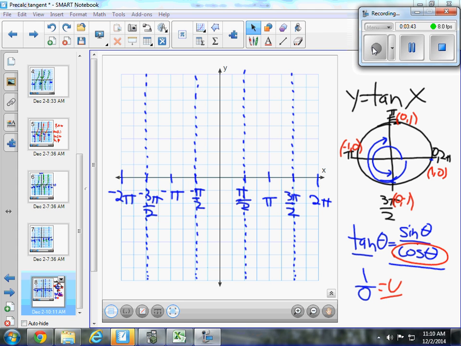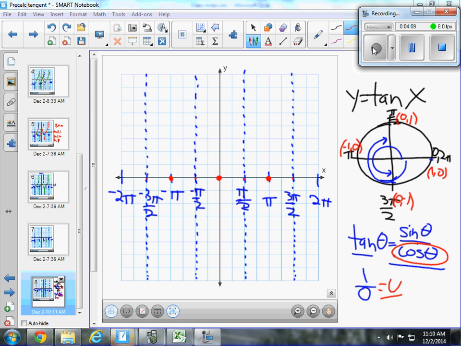So what's the next step? I've got my asymptotes. Between every two asymptotes, right in the middle, there's going to be a 0. Here's an asymptote, here's an asymptote, and right in the middle there, I have a 0.